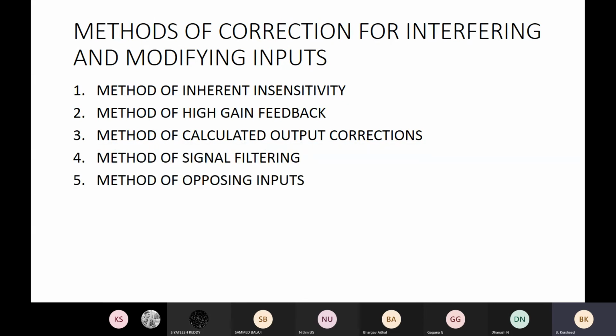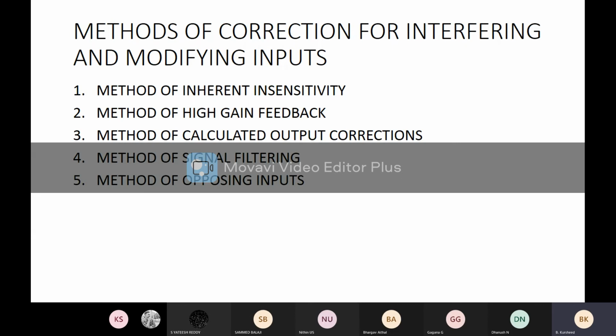The method of inherent insensitivity motivates one to find and use a material for the strain gauge that has a very low resistive temperature coefficient. If such a material could be found, the problem of interfering temperature inputs is partially solved.